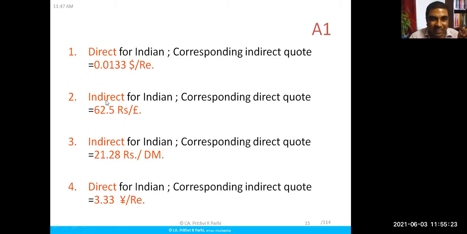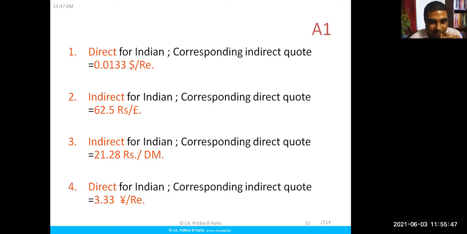This is indirect for an Indian but direct for a Britisher, indirect for an Indian but direct for a German, and direct for an Indian but indirect for a Japanese.